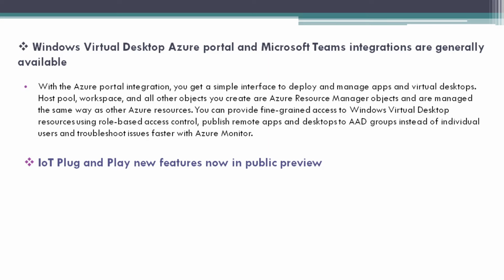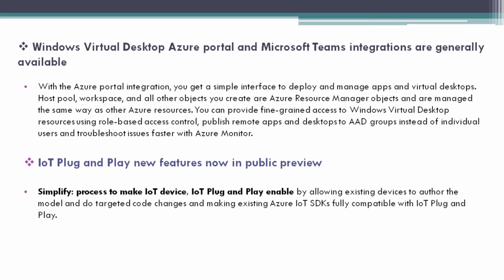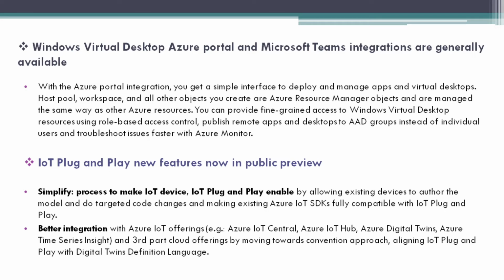IoT Plug and Play new features now in public preview. You can simplify the process to make an IoT device IoT Plug and Play enabled by allowing existing devices to author the model and do targeted code changes, and making existing Azure IoT SDKs fully compatible with IoT Plug and Play.